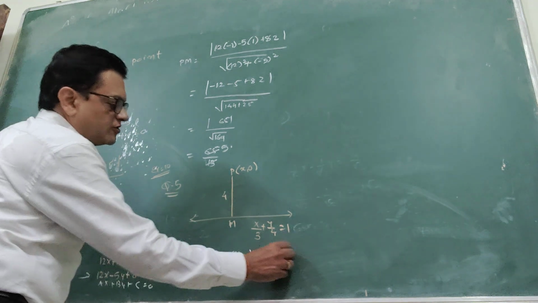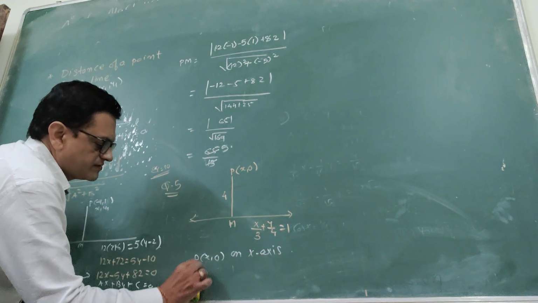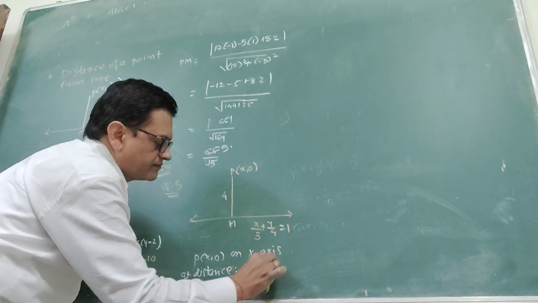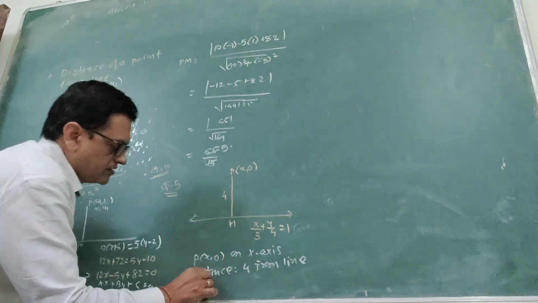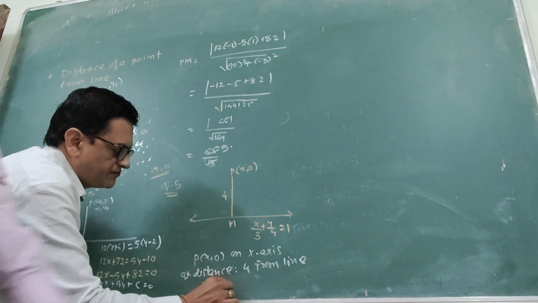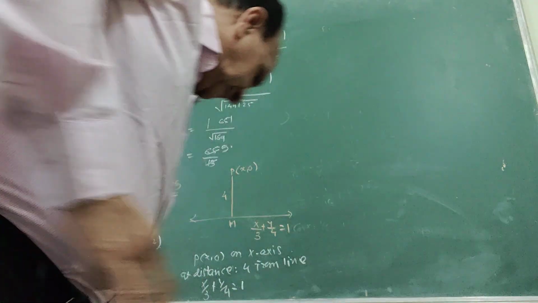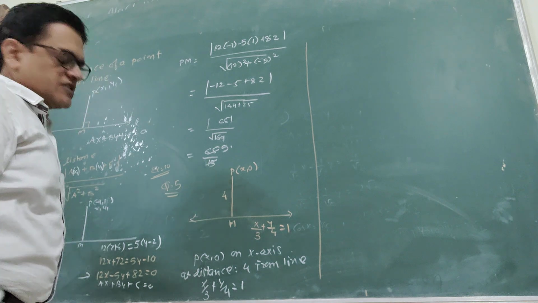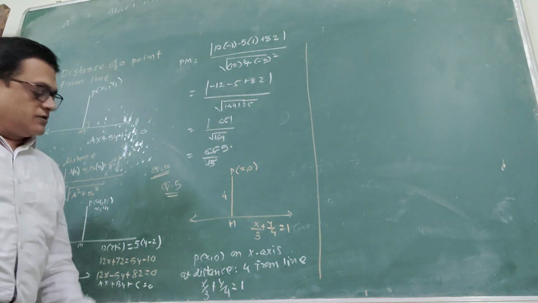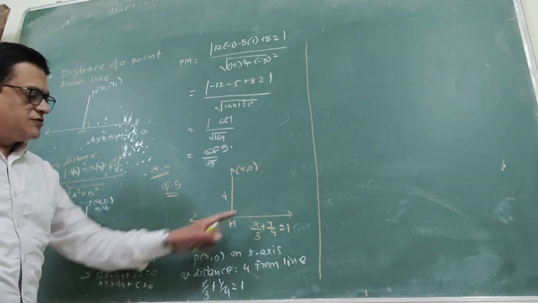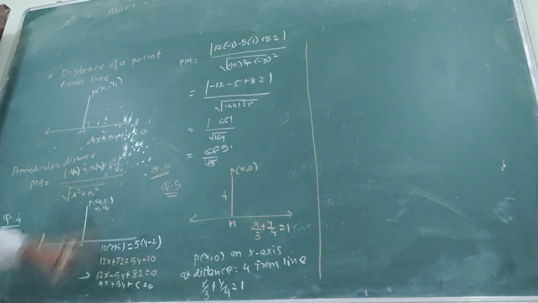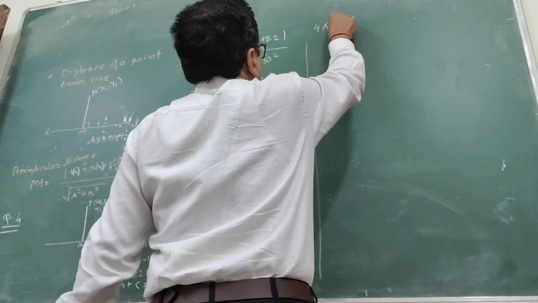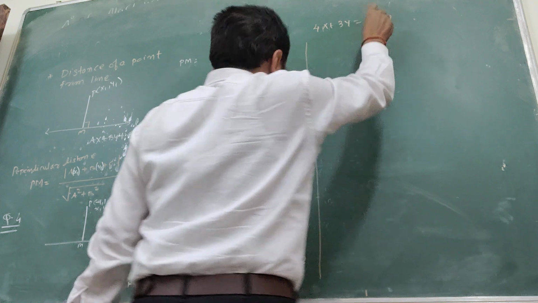Okay. The point (x, 0) on the x-axis is at a distance 4 from the line x by 3 plus y by 4 is equal to 1. Now we have to first convert this equation into the form ax plus by plus c equals 0. So take the LCM of 4 and 3: 4x plus 3y is equal to 12.